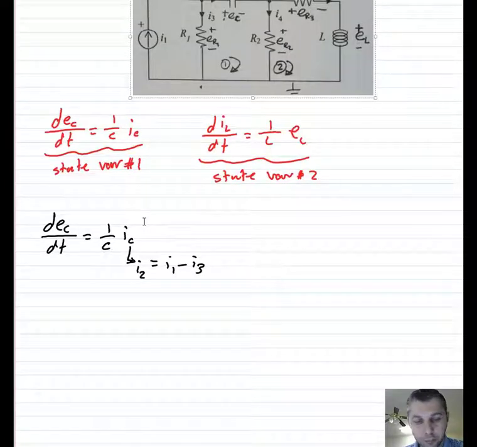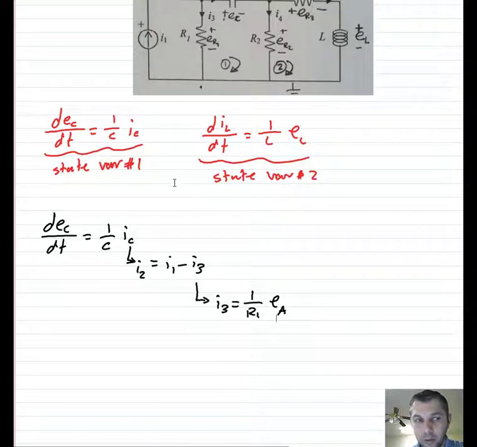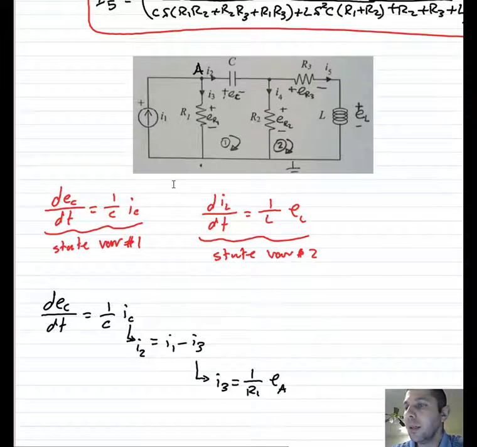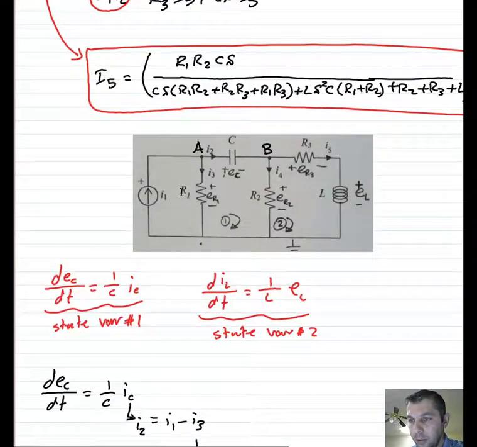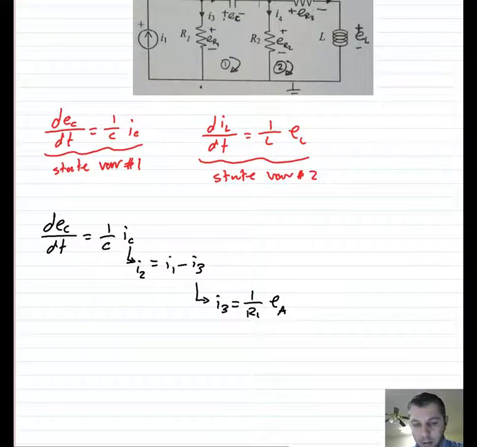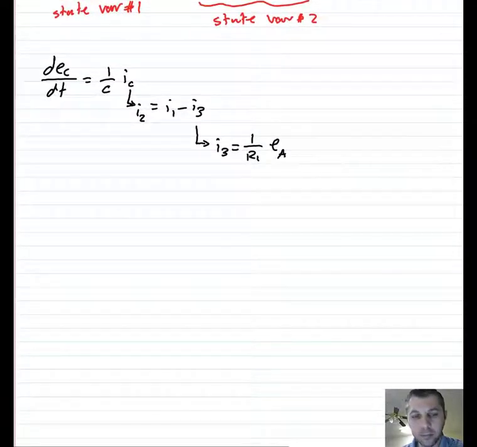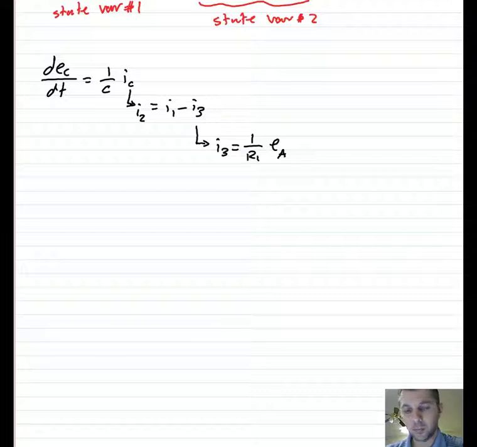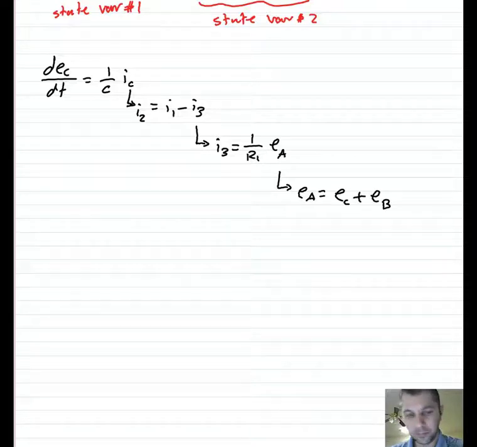We have here I3 is equal to 1 over R1 times EA, and we can put here node A, and here B. So here's the voltage at A. And we have the voltage at A, it is equal to EC plus EB.